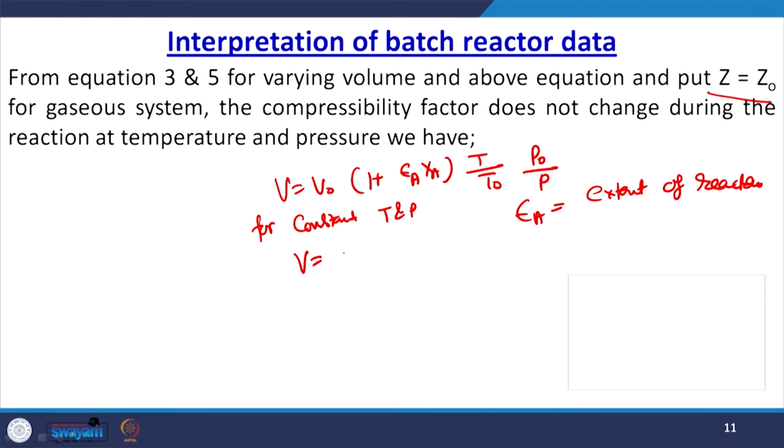So, V is equal to V naught 1 plus epsilon A XA, where T is equal to T naught and P naught is equal to P.